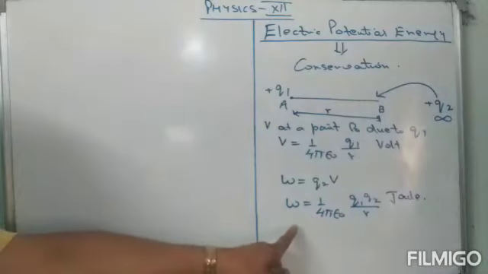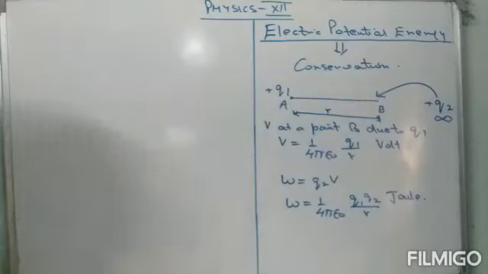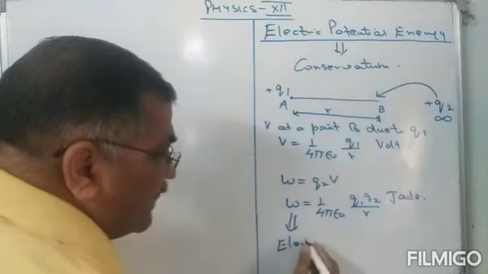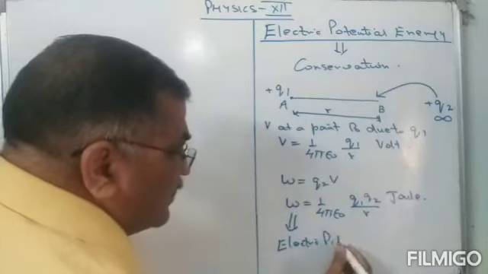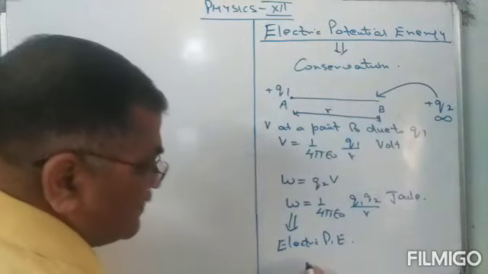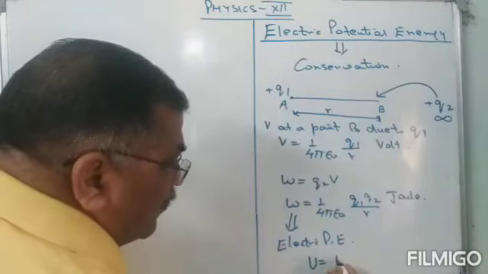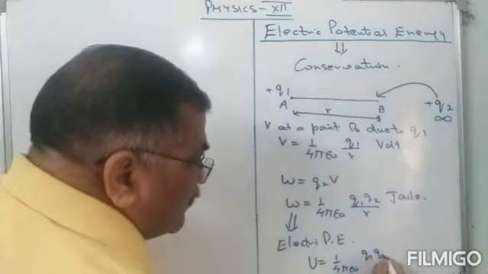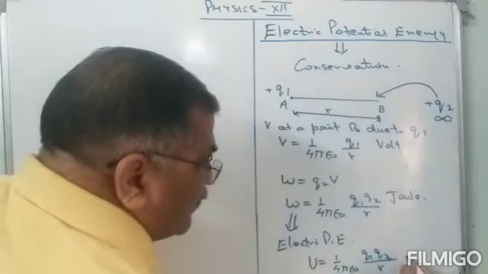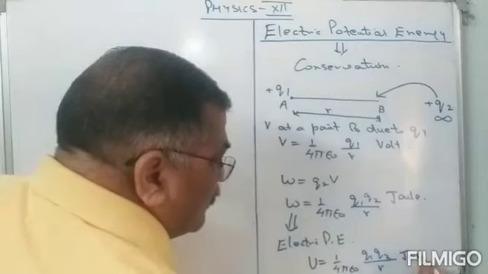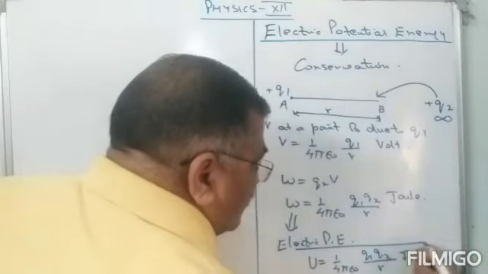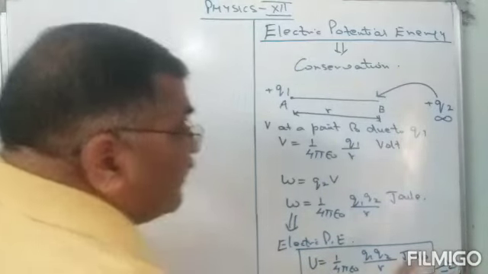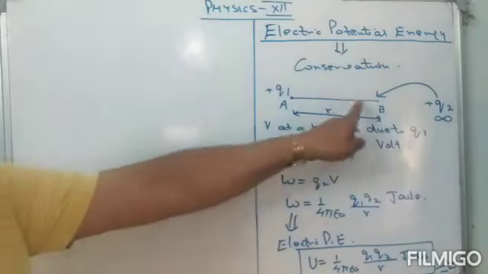This work done is known as electric potential energy, and we symbolize it as U is equal to 1 upon 4 pi epsilon naught Q1 Q2 upon R joule. Remember this formula. You apply this formula when there are two charges.